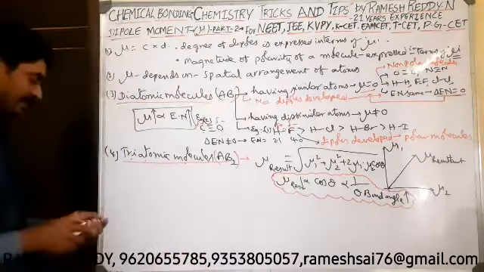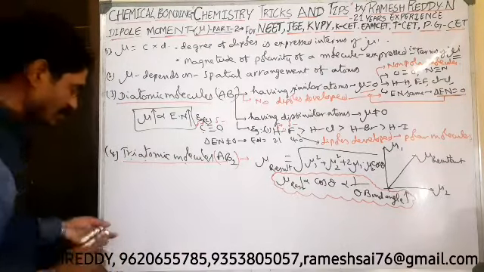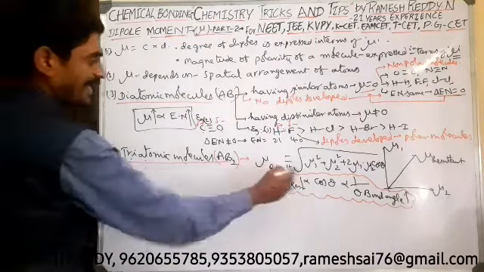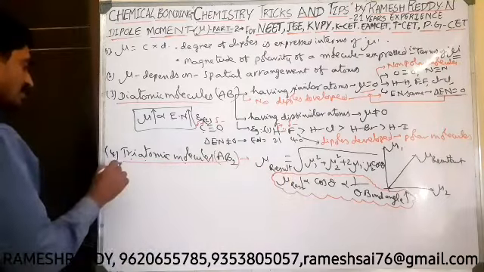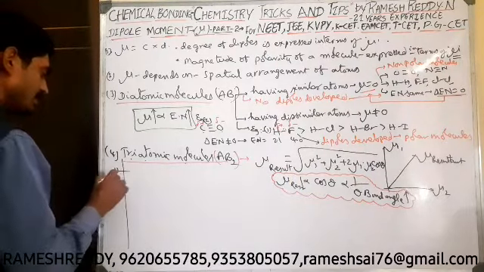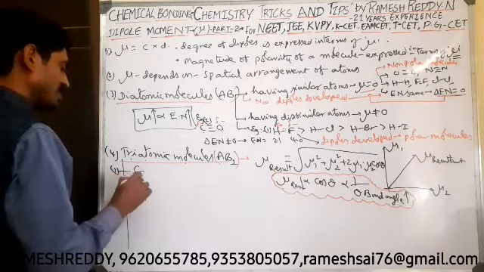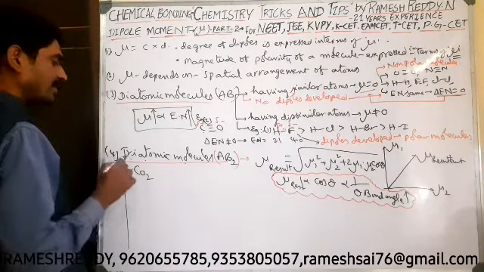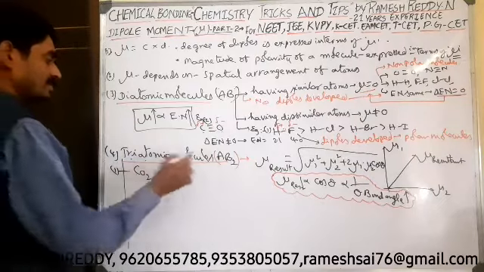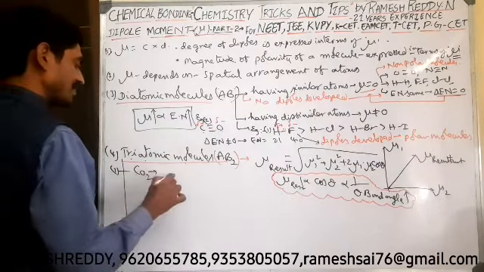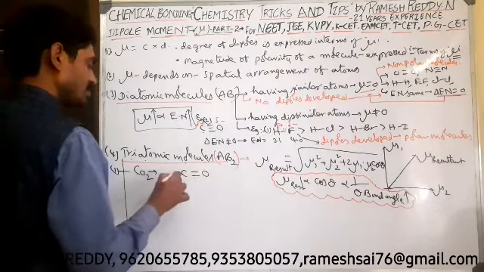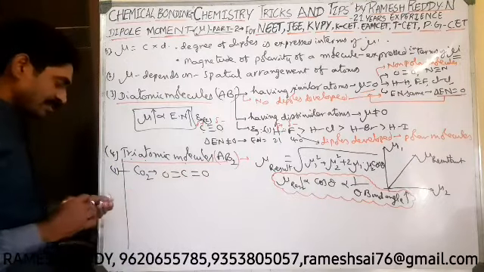Now in case of triatomic molecules, this is the formula I gave here. For example, take the carbon dioxide molecule. Central atom is carbon, surrounded by two oxygen atoms, so it is a triatomic AB2 molecule.